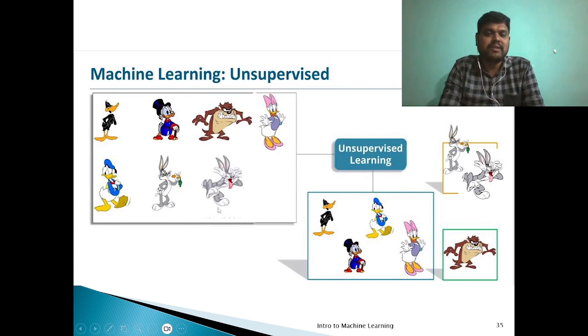The same data set without any label is applied to the machine learning model, and it will group similar items, so that it will be given an identification number for each and every group.